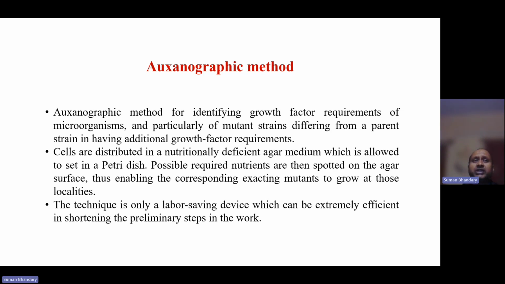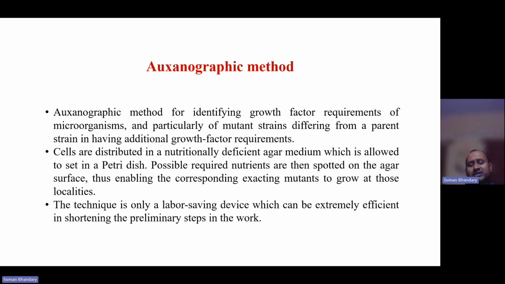The production of the particular metabolite required by the test organism is indicated by its increased growth adjacent to colonies that have produced the required metabolite. Such colonies are isolated, purified, and stock cultures are prepared, which are then used for further screening.